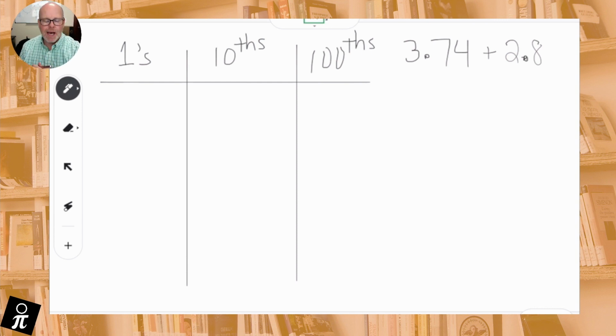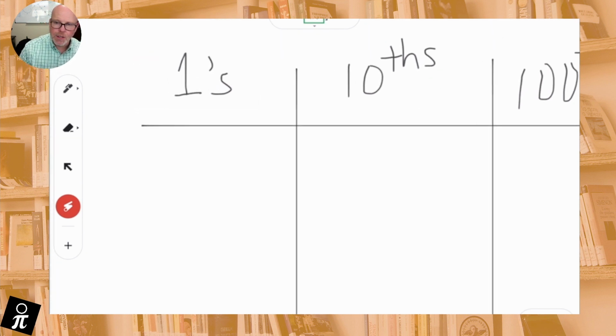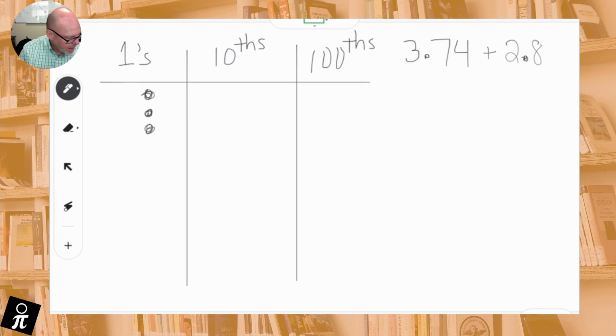All right. So now to model 3.74, it's going to look like this. 1, 2, 3. That's the 3. And then modeling 7: 1, 2, 3, 4, 5, 6, 7. And then modeling the 4 for the hundredths: 1, 2, 3, 4.